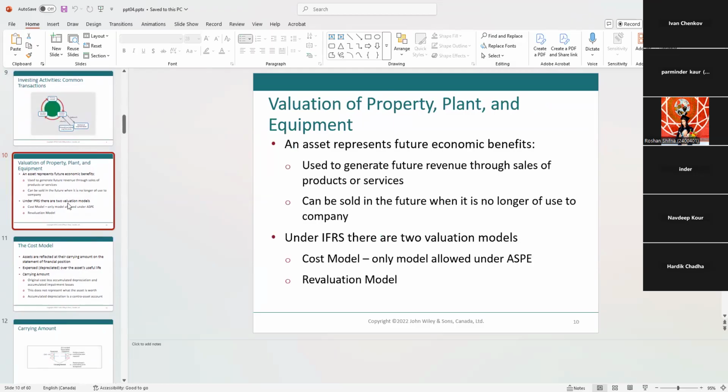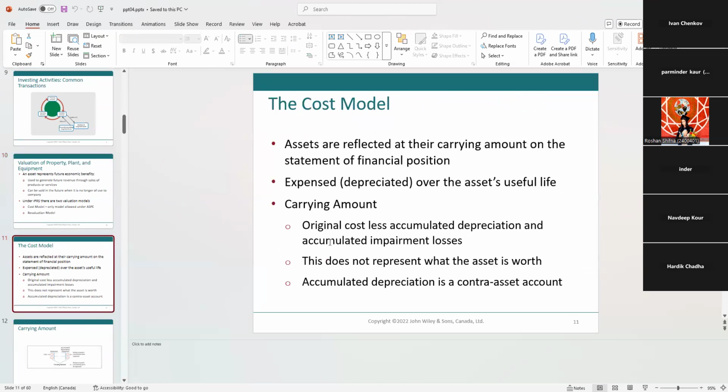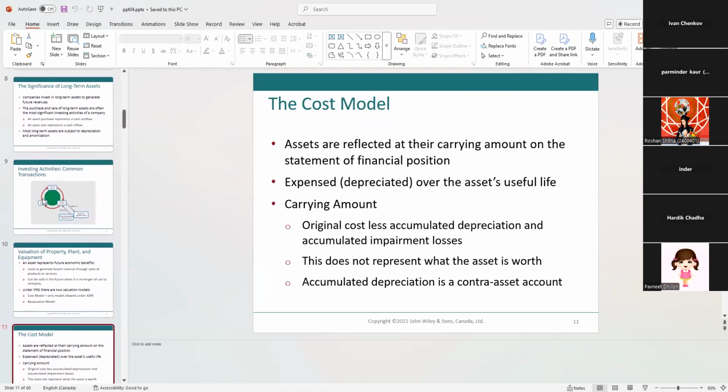And then we check how we're gonna get the value of the different assets. For the property, plant, and equipment, we can use the cost model or we can use the revaluation model. Cost model is the original cost, which is always comprised of the cost of the asset plus shipping plus delivery plus any taxes which are not refundable.